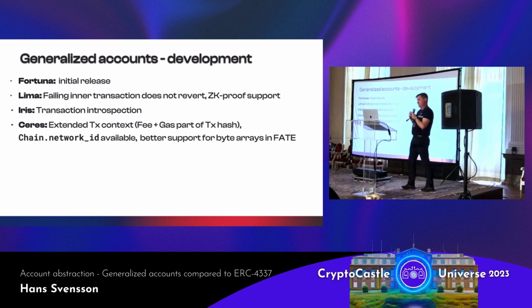We will add a network ID that you can look at automatically, which is nice. If there are multiple chains, it's nice to see on which chain you are, so you can make verification work on the particular chain. And there would be more support for binary language, which also makes it easy to write sophisticated functions.